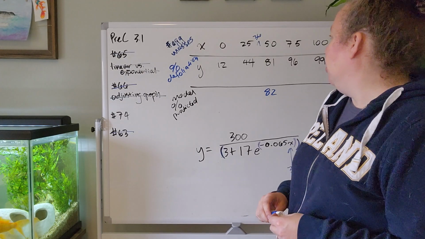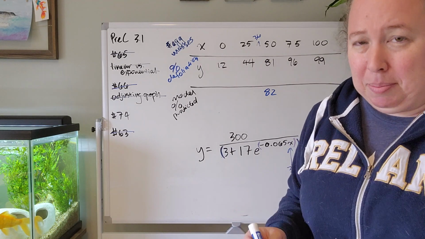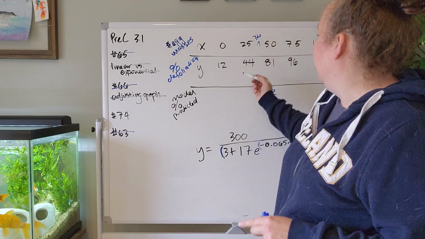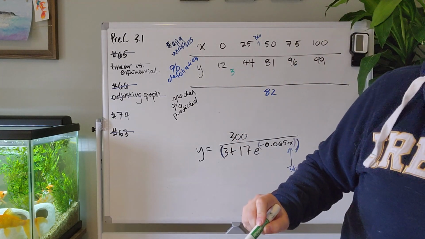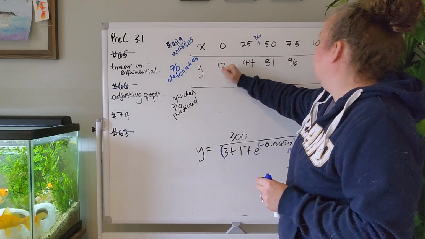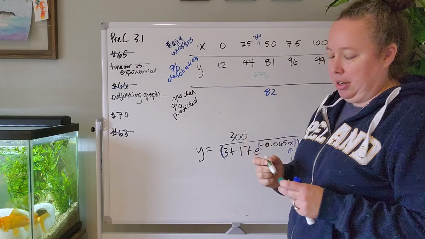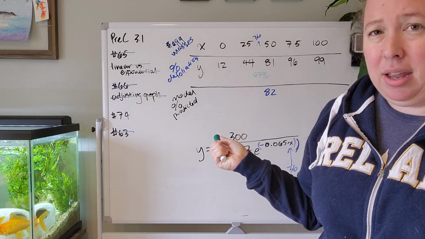Then you're asked to estimate how many egg masses there are. If it's 30, what did it say? Oh no, not 30, 2/3. So if it's 67% defoliated, how many egg masses is that?